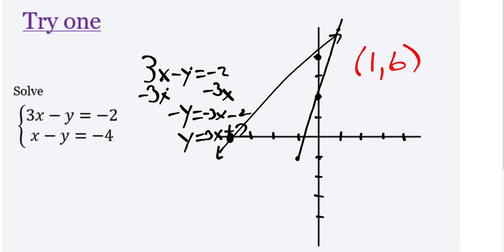Wait, how do you get that wrong? He graphed it a different method. Which way did you try to do it? Okay, so then that should have been y equals 2. So that was right there.